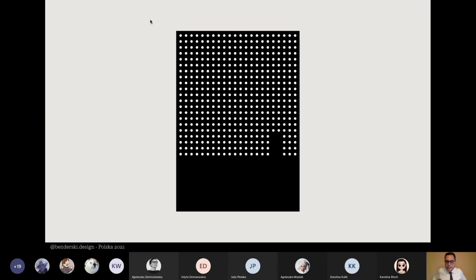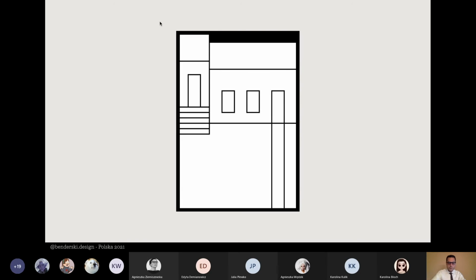I thought it was appropriate to use the aesthetics of the old video games. So I started with this image where you can see all the dots. They create a building. So you're going to see the process, okay?